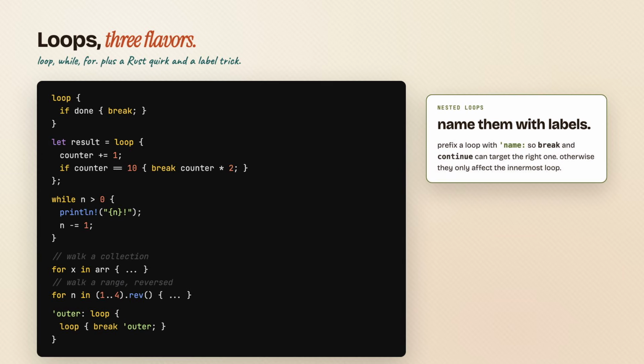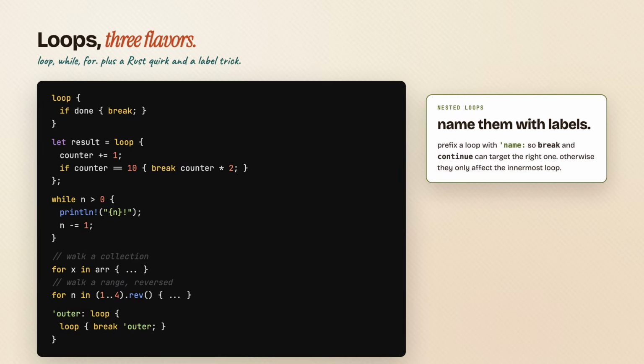So just reach for for, no need to think too hard. For nested loops, you can label them with a quote and the name, and it just works. Then you can break or continue and target that loop instead of just the innermost one.